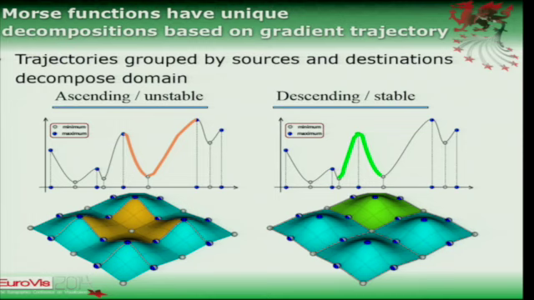Okay, we can start grouping gradient trajectories. If they're grouped by the source, then we'll call them the ascending manifold. So for instance, on the left there, the orange region is the group of gradient trajectories that originate at that minimum in the middle. On the right here, in the green, you have the group of gradient trajectories that flow up to the maximum.